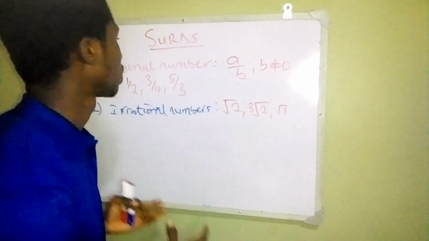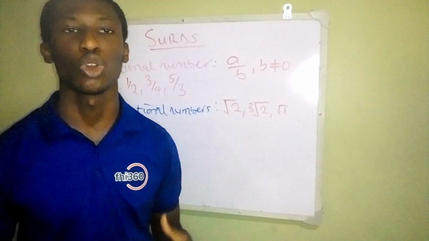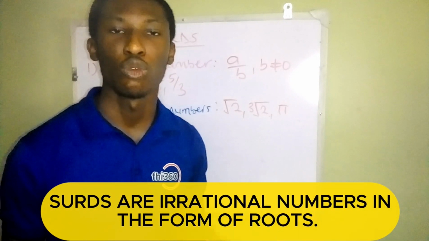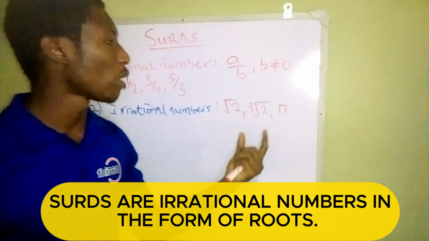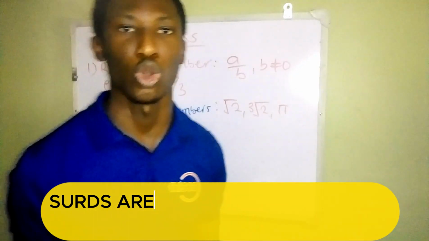And based off of these terms we have just defined, we can now give a definition of surd. Surds are irrational numbers in the form of roots. So that means irrational numbers that are in the form of roots are referred to as your surds.